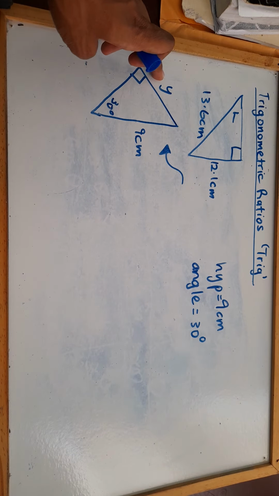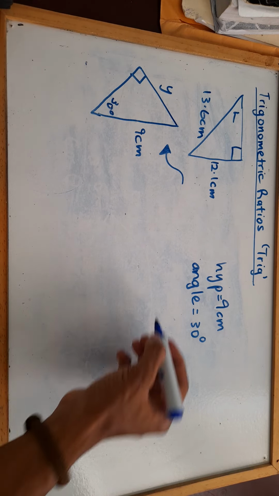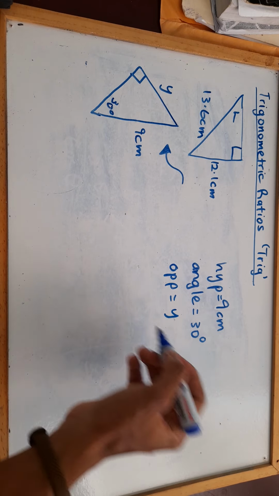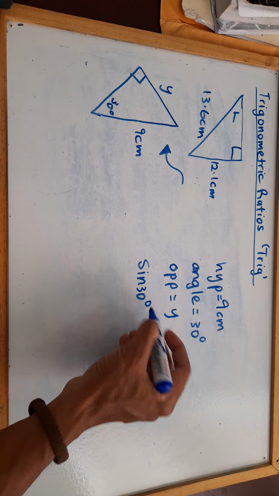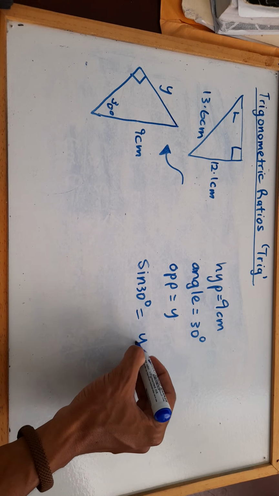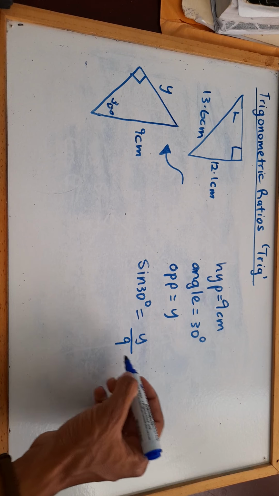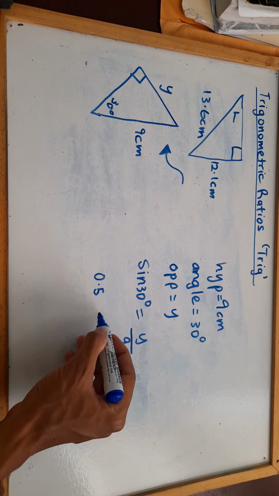And they want to know y. y is the side opposite of our 30 degrees. So sine of 30 degrees is equal to opposite over hypotenuse. So when you sine 30 degrees, you get 0.5.